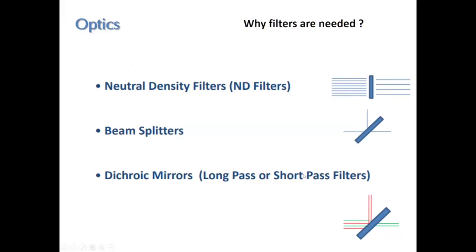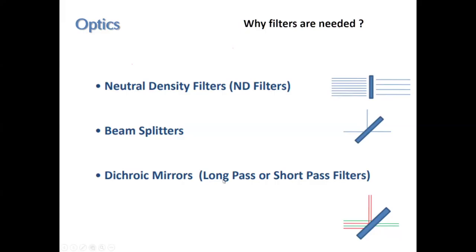The second property is that, even in that allowing of light, you can set a range. For example, if it is a long pass dichroic mirror, it allows light of more than a specific wavelength to pass through.